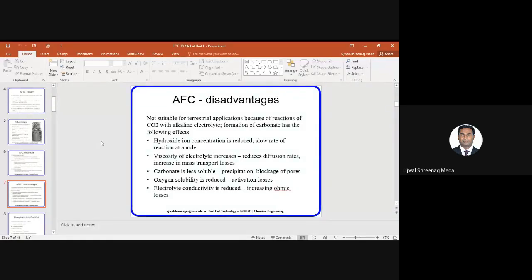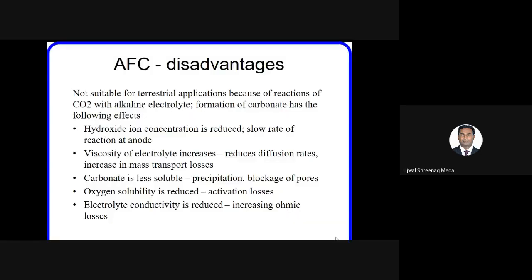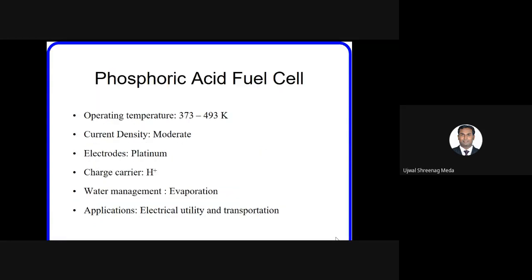So today we shall start with the next fuel cell, that is the phosphoric acid fuel cell. Again, the classification is based on the type of electrolyte that is used, and in this case the electrolyte used is phosphoric acid, an acid electrolyte. What was the conventional electrolyte that people started with?